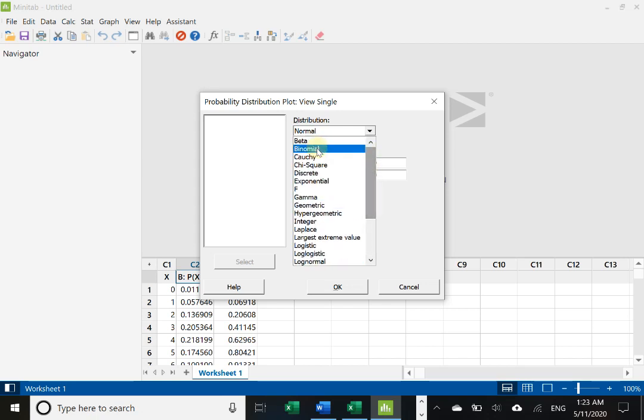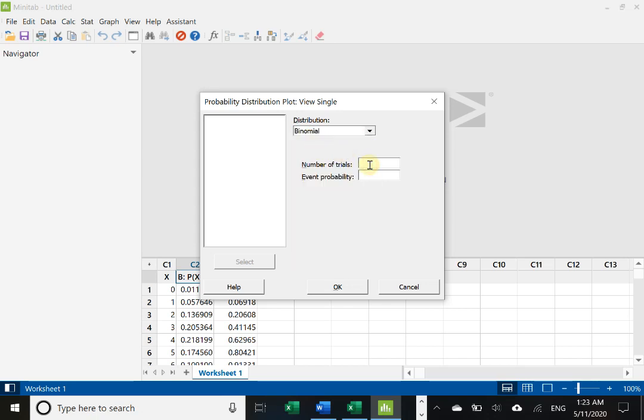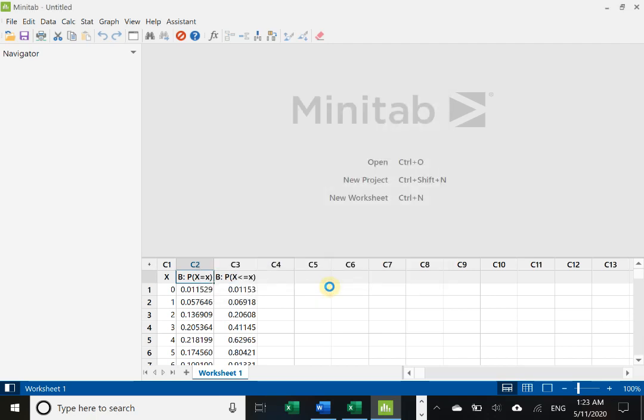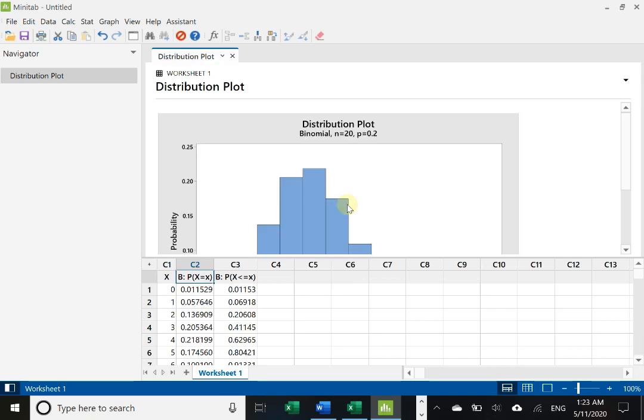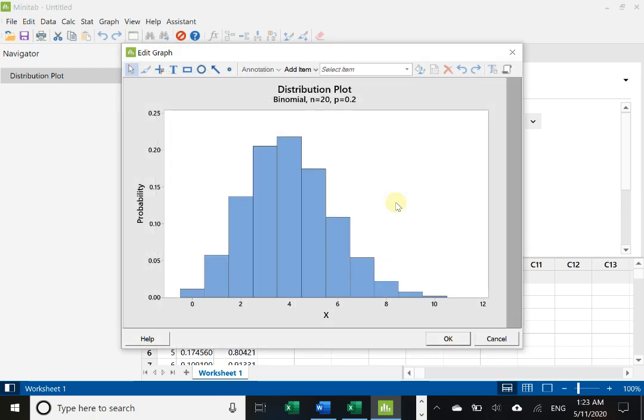If you go up to binomial, number of trials was 20, probability of success 20%, and hit OK. And there you go. The left click, double click, and that brings up the distribution. Notice how it's almost symmetric, huh? But it's somewhat skewed to the right.